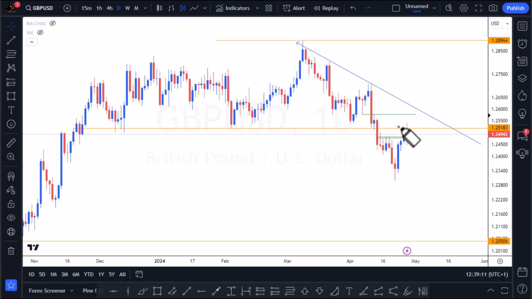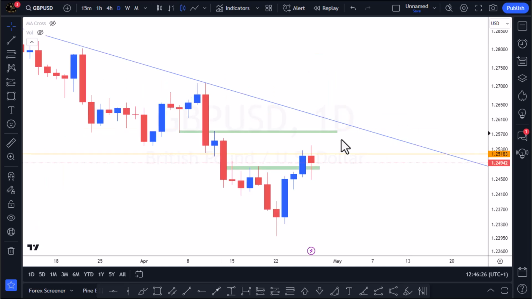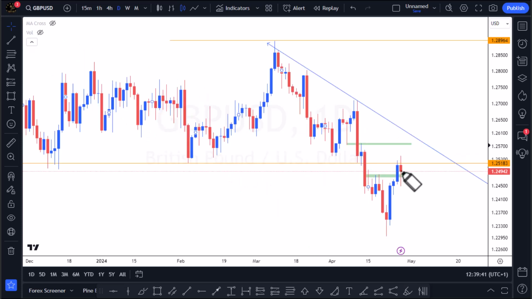GBPUSD price retested the 12th April 2024 broken key level on Friday at 1.25183. After the bullish test, the price resulted in a bearish outside bar. A strong bearish follow through below the low of the bearish outside bar in the coming week would suggest a bearish continuation of this downtrend.